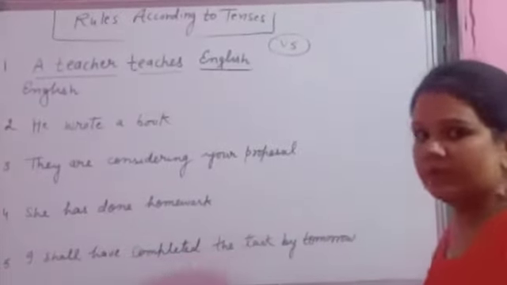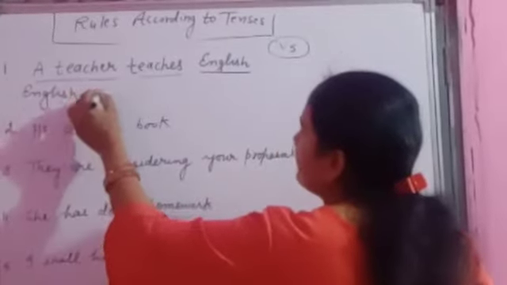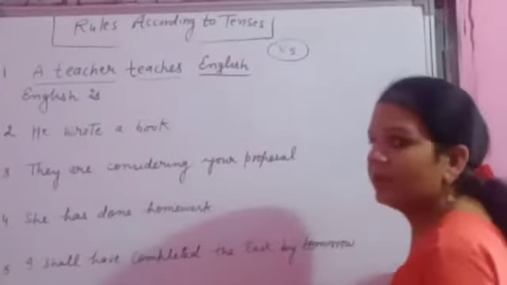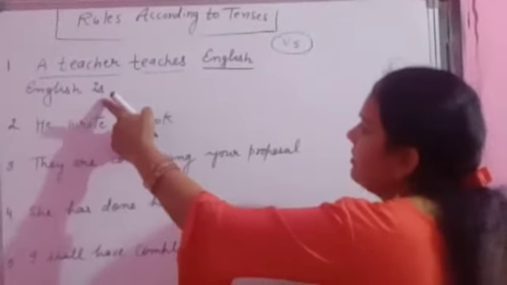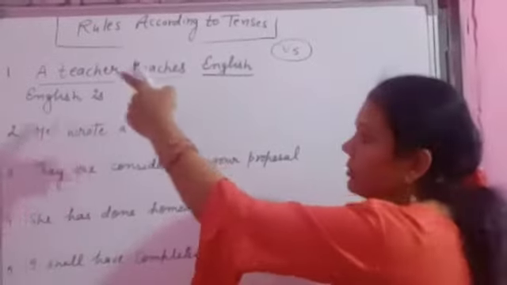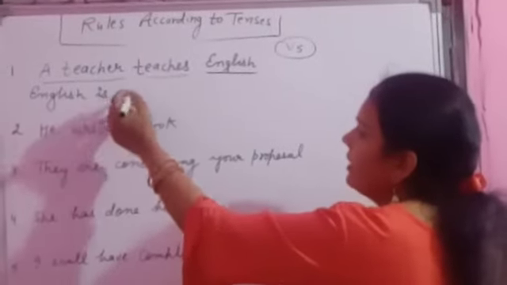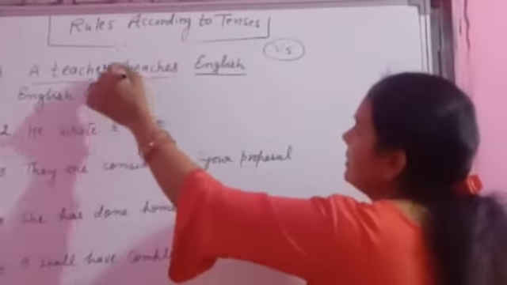English. Clear? And English is singular, that's why is will be here. English is, because the sentence is in present tense, that's why we will use a helping verb is, am, are according to the new subject. Clear? And after that the third form of the verb. What is the verb? Teaches.